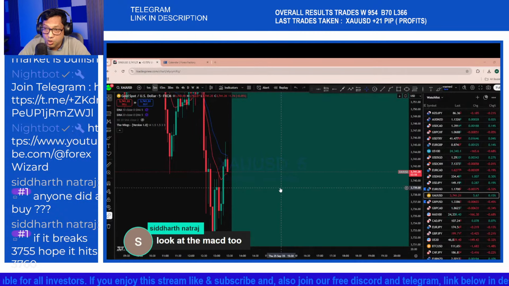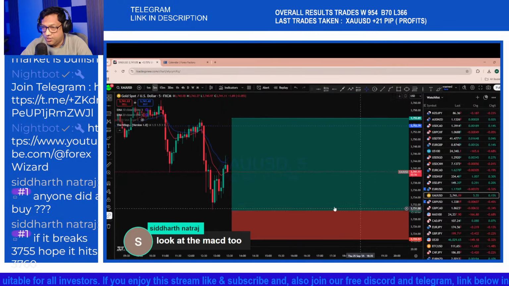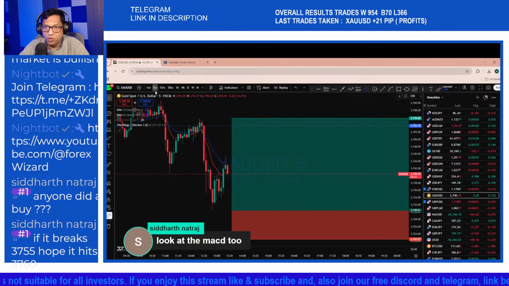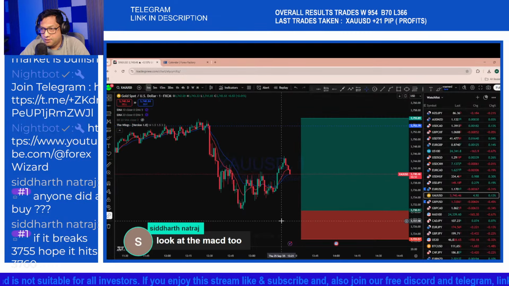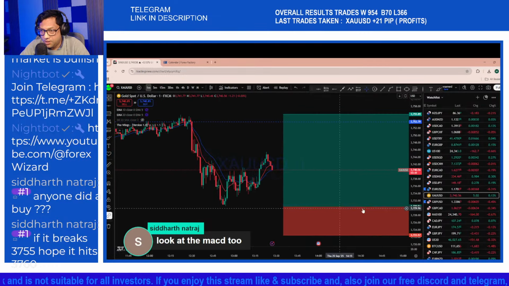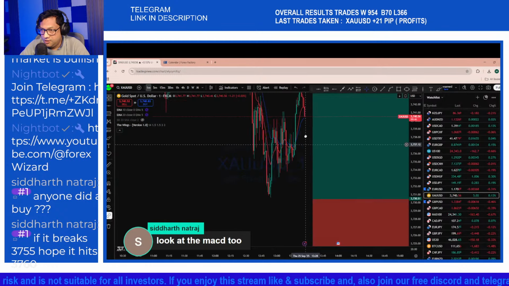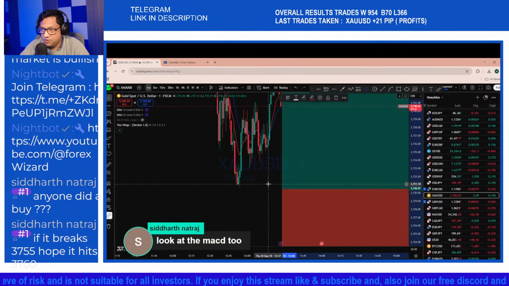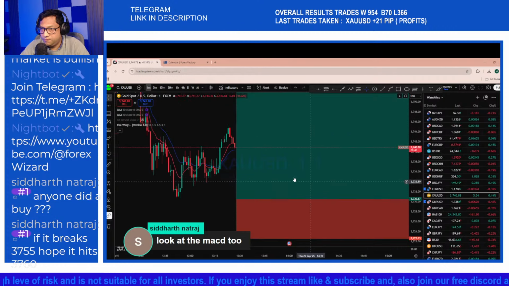All right, so with that break here, guys, you can see the market slowly trying to build that momentum back below, and that drop that we are seeing here is potentially to come back here to that level, to this support level.